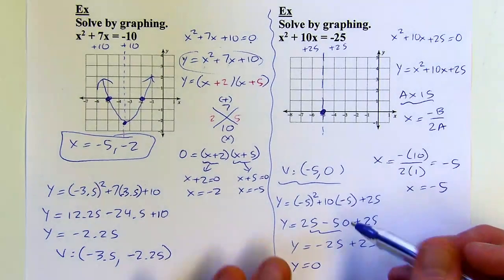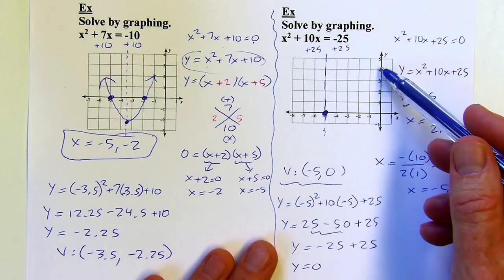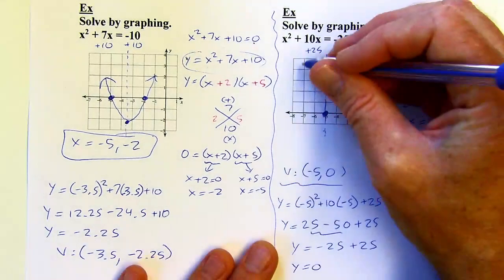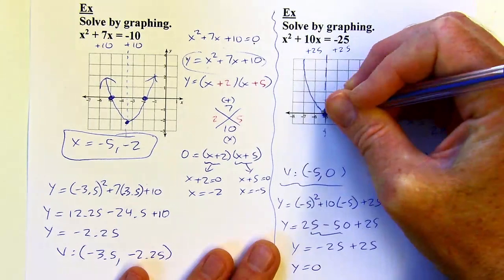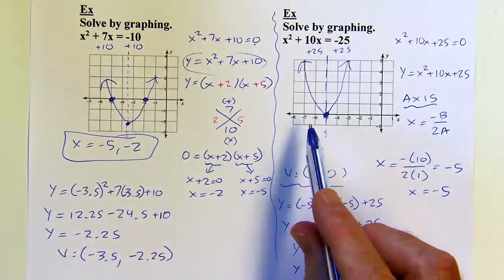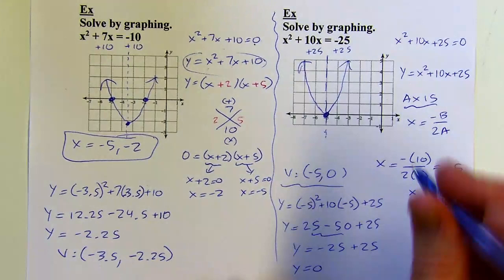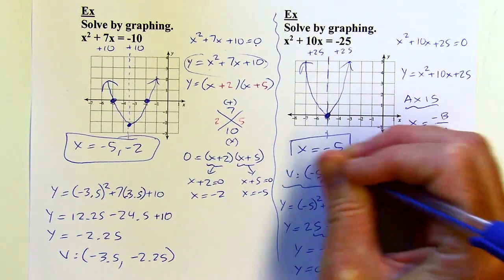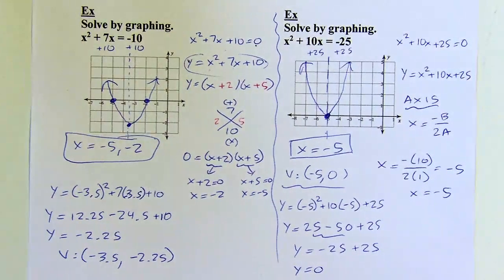You could find the y-intercept, but it would be way off the top of the screen. It's going to open upwards because the x squared is positive, and it's going to look something like that. It's only going to have one x-intercept, at negative 5, and that's my solution.